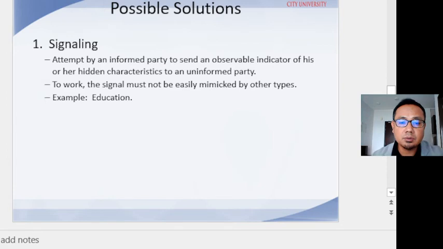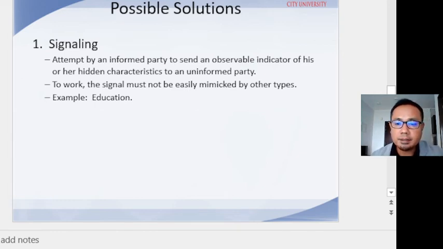For a signal to provide useful information to an otherwise uninformed party, the signal must be observable by the uninformed party. Moreover, the signal must be a reliable indicator of the underlying unobservable characteristic, and difficult for parties with other characteristics to easily mimic.